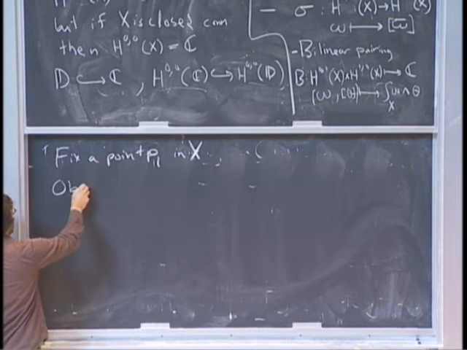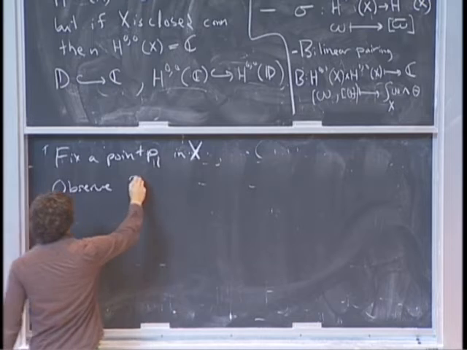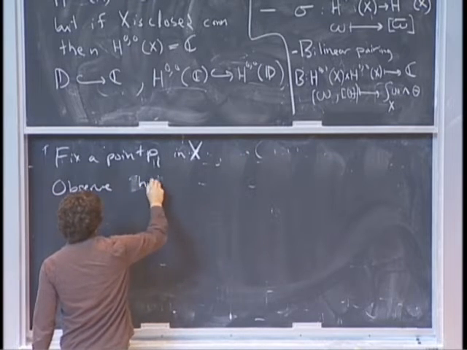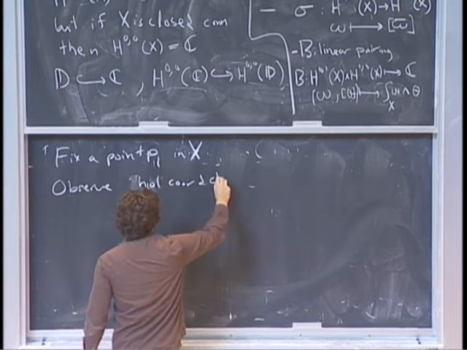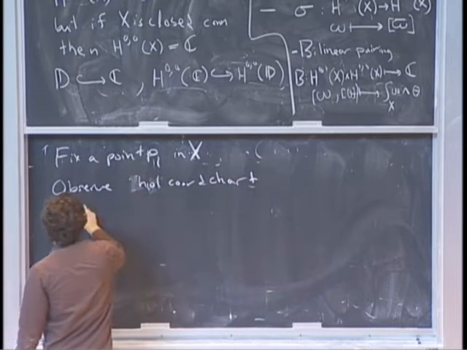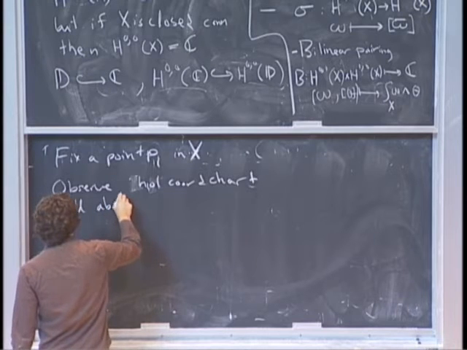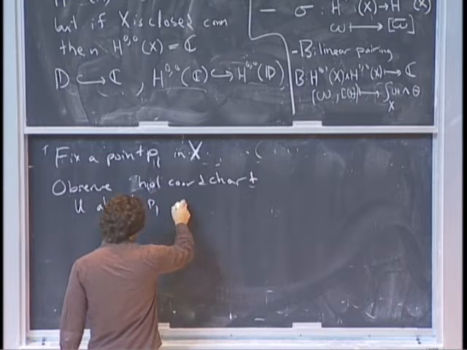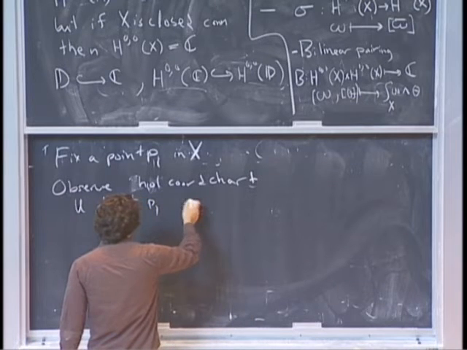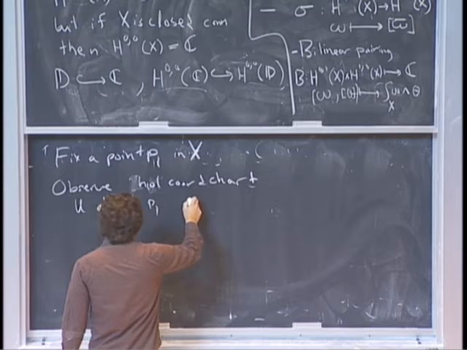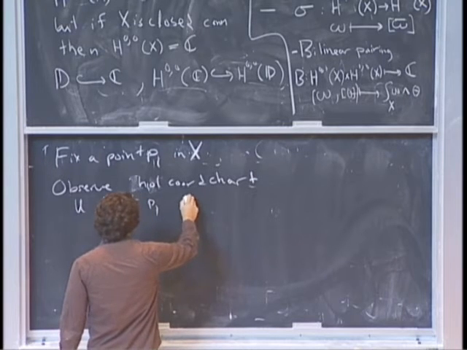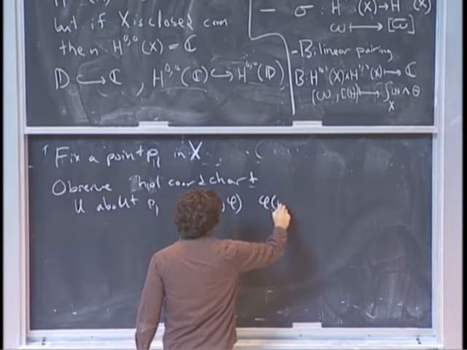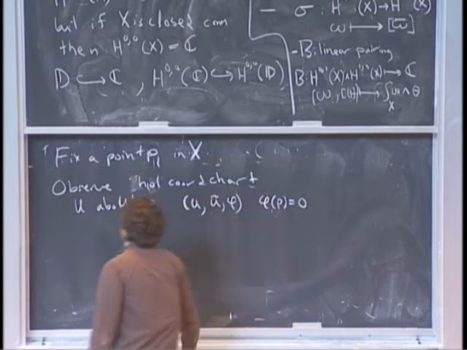So we observe that there exists a neighborhood, a holomorphic coordinate chart, U about P1. If we think about it, we have this map phi, and we let phi of p1 be equal to 0.